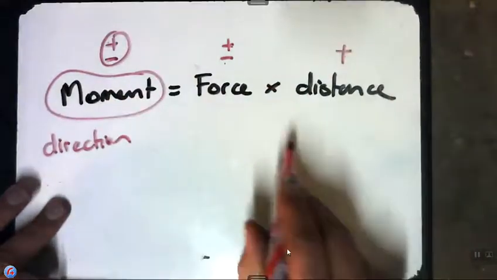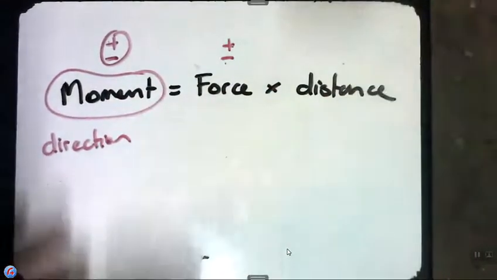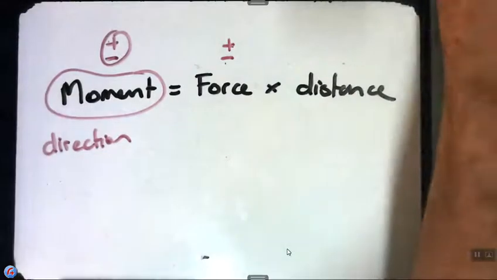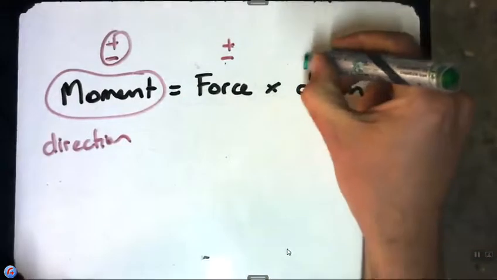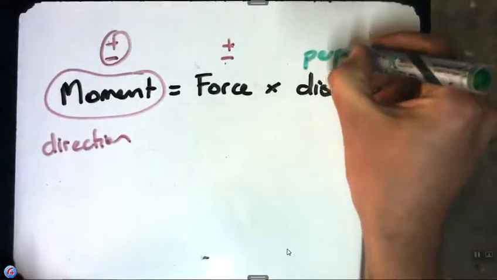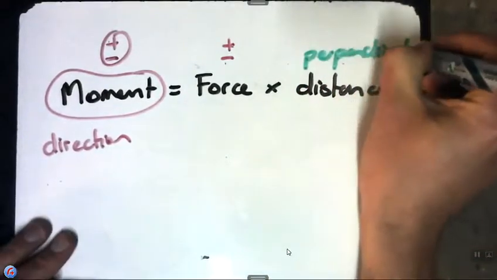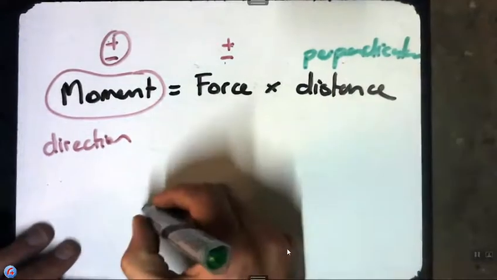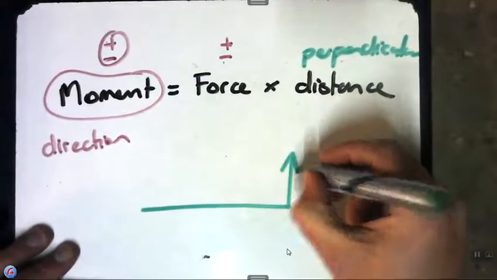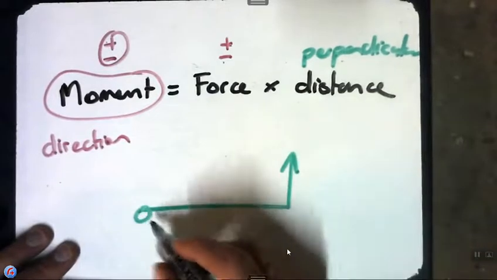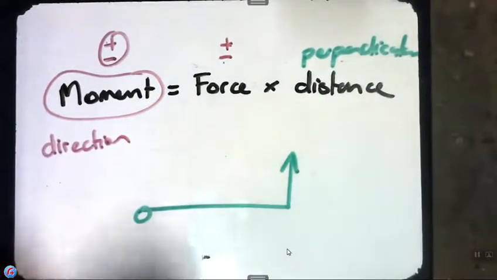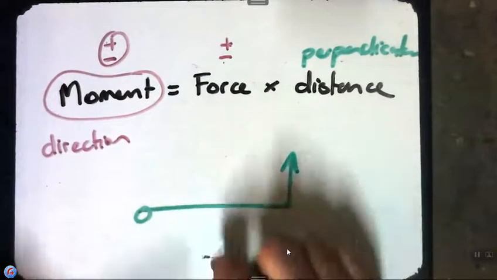Now what I should have added here is that it's not just the distance, but it is the perpendicular distance. So the force must be perpendicular to the distance that we're measuring.